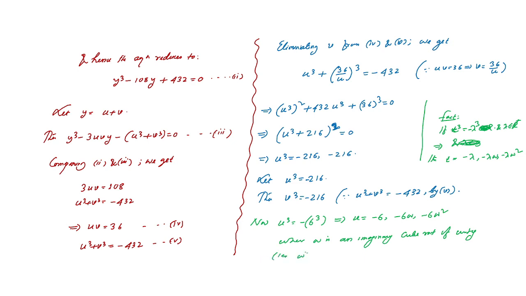That means omega cube equals 1 and 1 plus omega plus omega square equals 0. Again you will see our v cube equals minus 216, that means minus 6 cube. So that means v is also minus 6, minus 6 omega, minus 6 omega square. Now we need to think about the corresponding u and v.